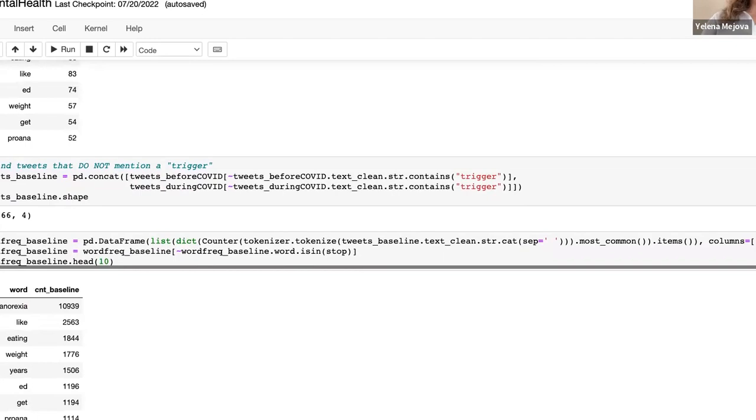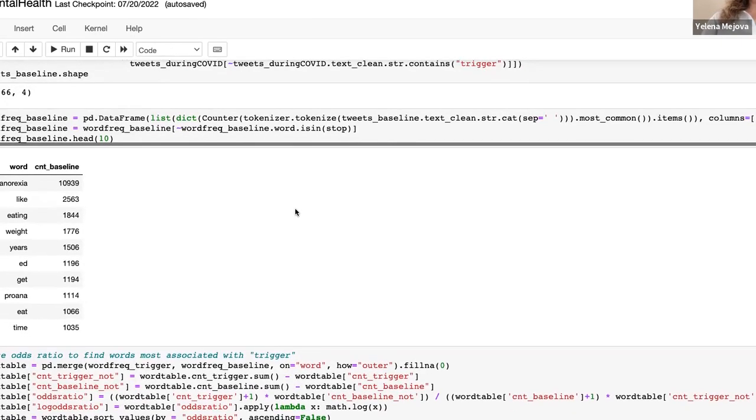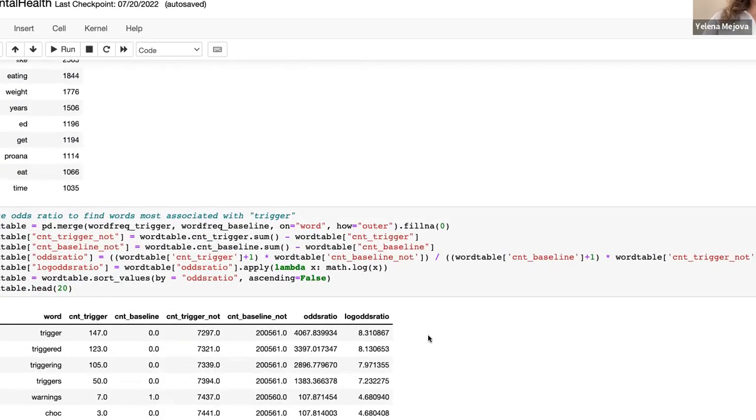And what I'm going to do here is make a baseline of tweets that do not mention trigger. I want to see the words that are more associated with this concept. So they are about many things, but not trigger. And we compute again the odds ratio.